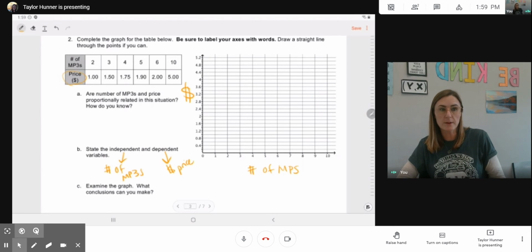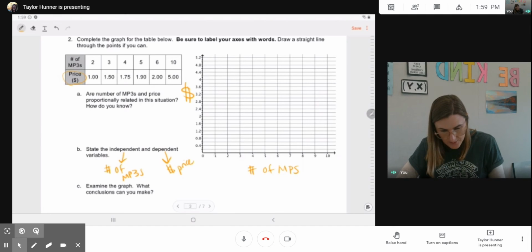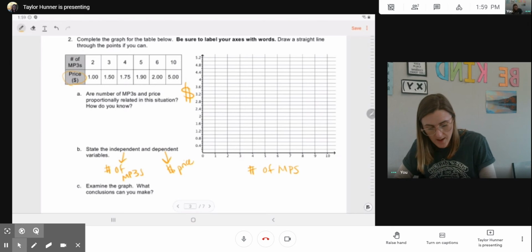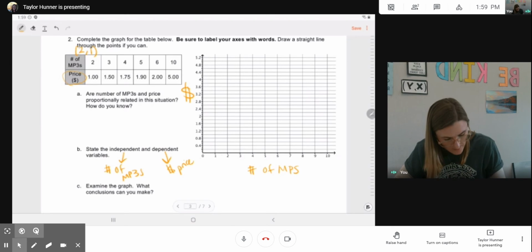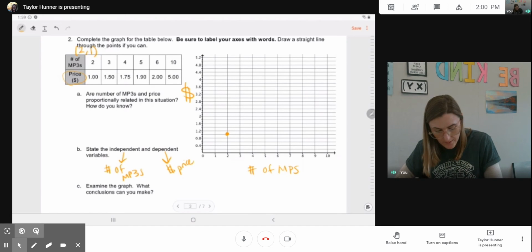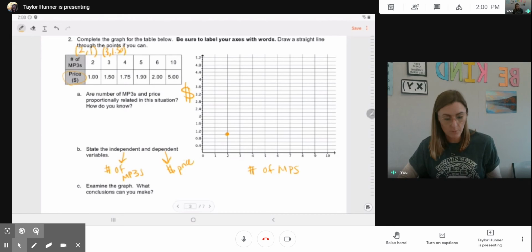Now I can plot these points. So the first point is 1 and then 2. So, or actually, I'm reading this backwards. This is why I need to write my coordinate points. So the first point is actually 2 MP3s for $1. So I can go out to 2 and then up to 1. The second point is actually 3 MP3s for $1.50.